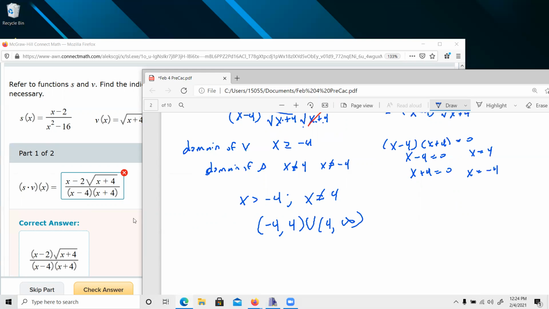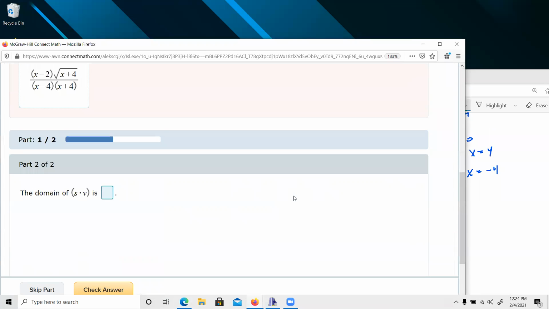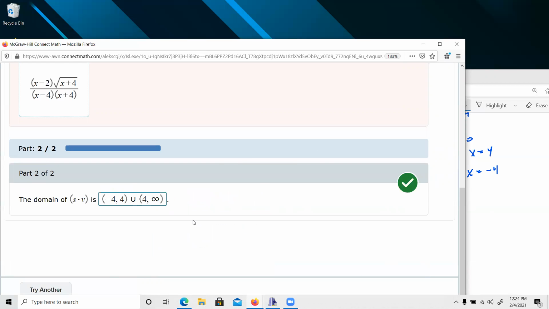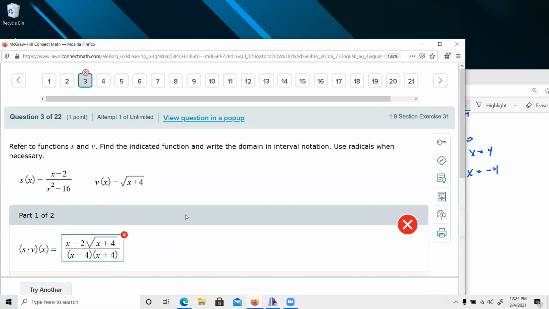We have to be careful about that. So we're going to have -4 up to 4. If this makes a liar out of me, I don't know. And then we have 4 up to infinity, and then we're good. All right, so there we go.